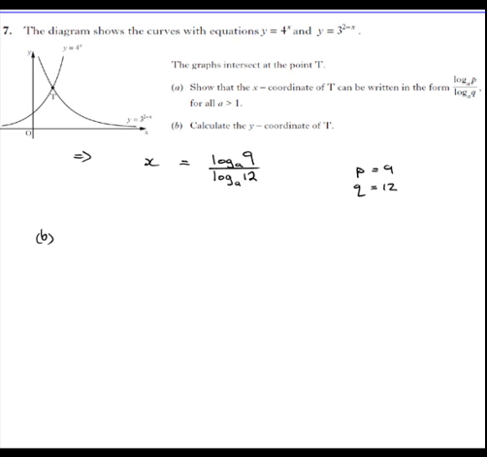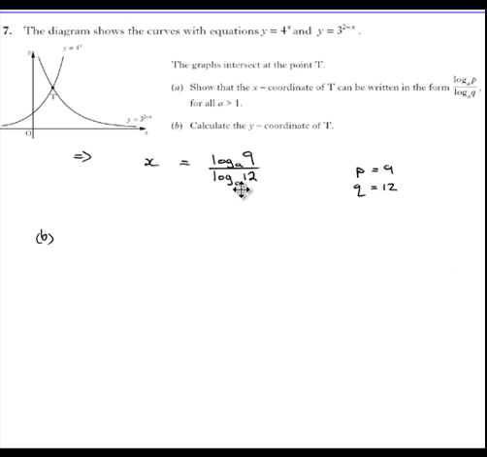For part B, we're asked to calculate the y coordinate of T. First of all, we'll need to get a numerical answer for the x coordinate of T. The result that was worked out in part A, that x is log to the base a of 9 divided by log to the base a of 12, will hold for any value of a greater than 1.